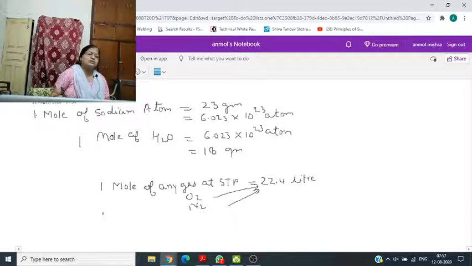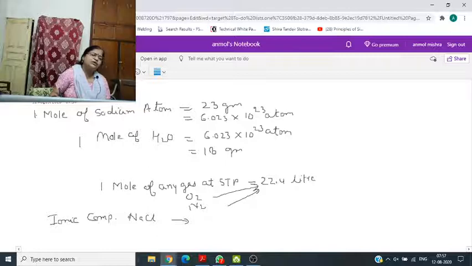Now, if we want to find out the mole for ionic compounds, we will take the example of an ionic compound, NaCl.